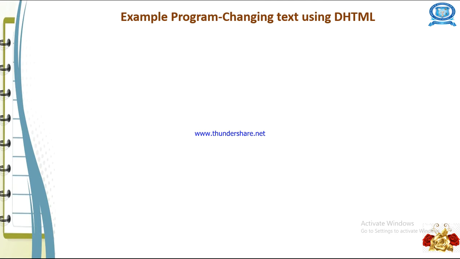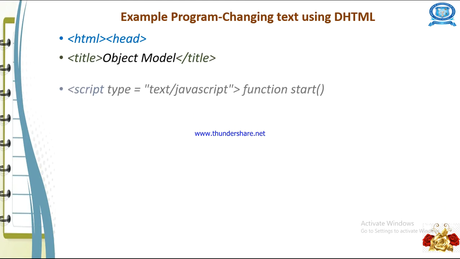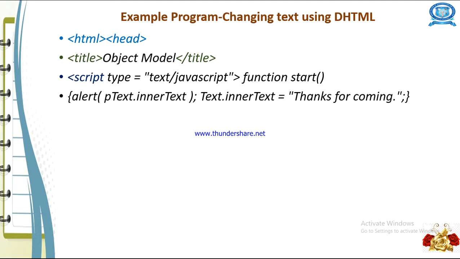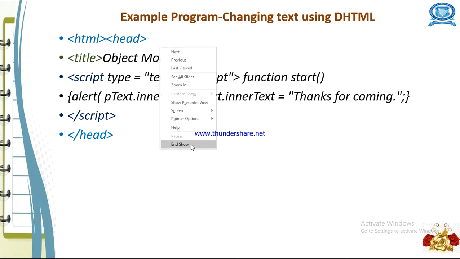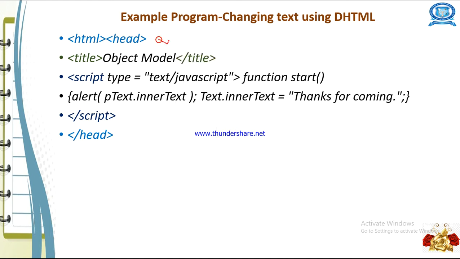A small example program for changing text using DHTML. First you see the flow of the program. You know the basic concept: the HTML tag, head, title, script type, alert output message, and script closed, and the head closed. It's a basic concept.